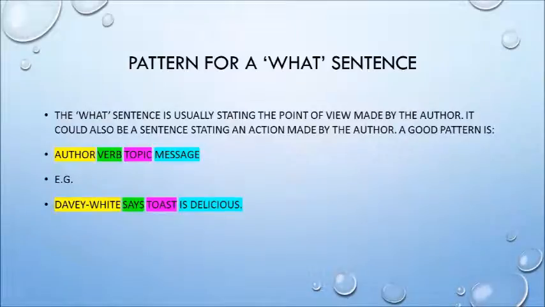When you're writing your what sentence, a really simple pattern is the 4-step pattern: author, verb, topic, message. Davy White says toast is delicious. Too many of you just say Davy White is talking about toast, but you don't say what the actual opinion of that topic is.